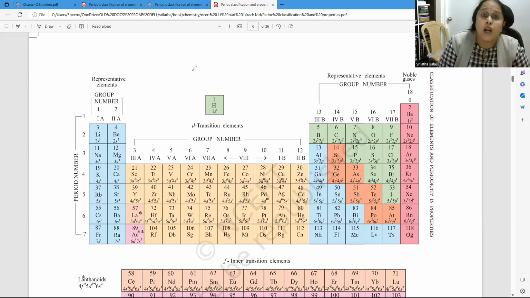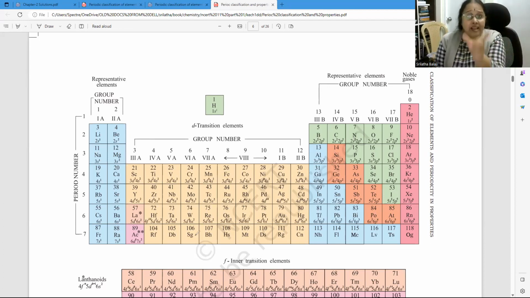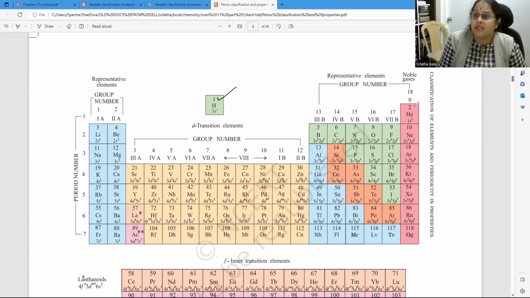So for that, you have to know each period begins with which element and ends with which element. That range is very, very important. Is it clear? That's the way you have to learn it. Got it? The first period has only 2 elements, hydrogen and helium.